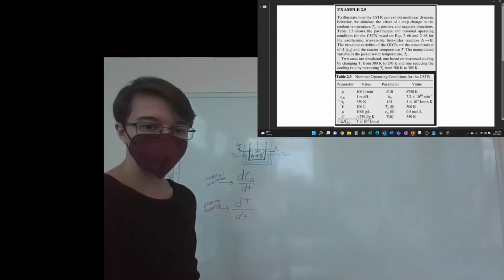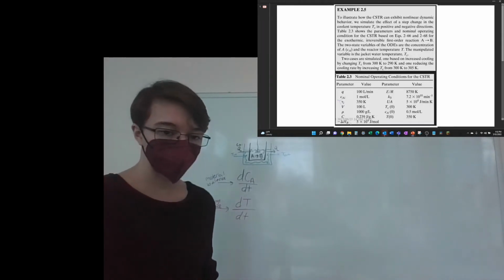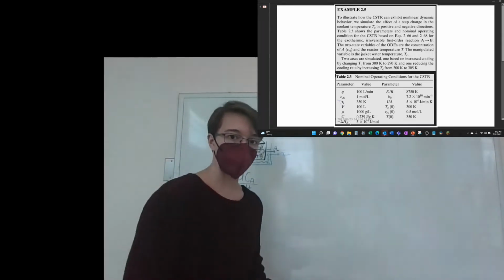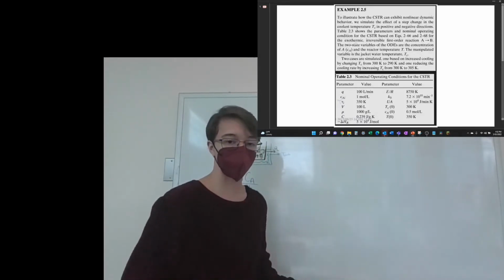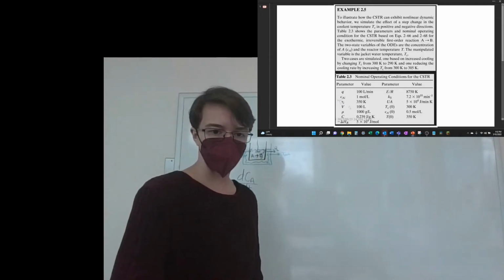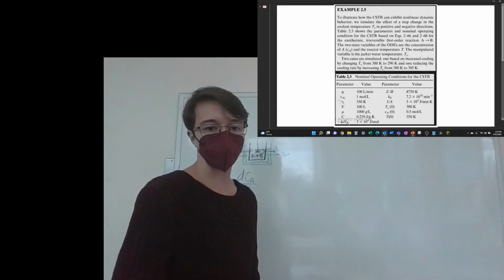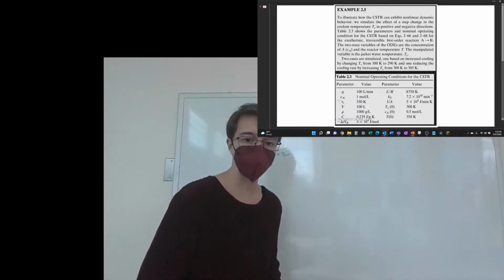Then we're given a negative delta H. Delta H is the heat of the reaction, and it's negative because it's an exothermic reaction. An exothermic reaction has a negative heat of reaction, and they've just put the negative on this side so we can divide that negative sign across, and we'll have that the positive heat of reaction is equal to negative 5 times 10 to the 4th.